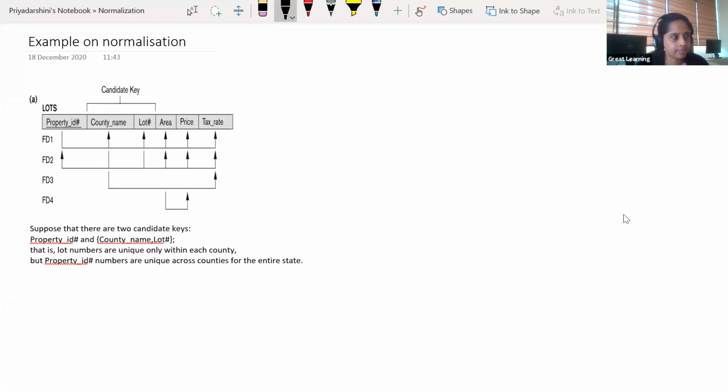And again, the America, because the author is from that place. So it is a US or foreign country scenario, because county name is a small area, I can say district. So based on the district name, a lot number. A lot is nothing but maybe a property number.